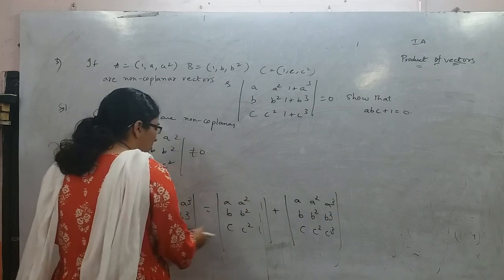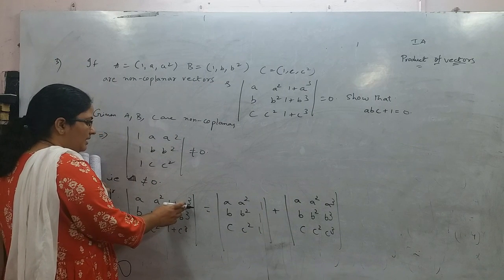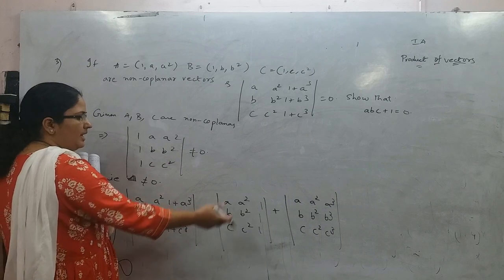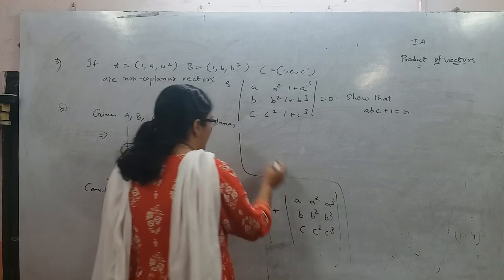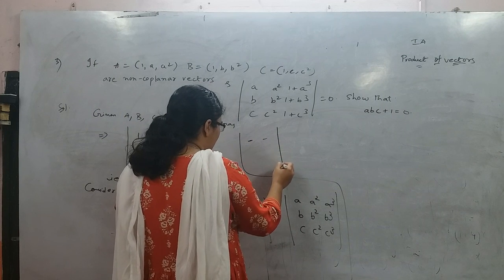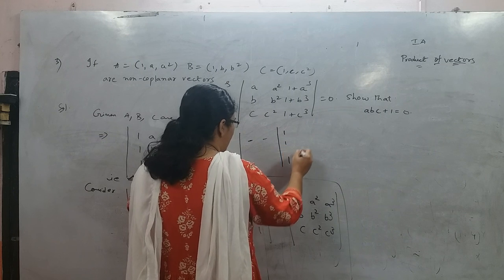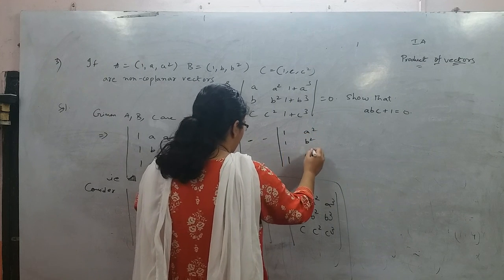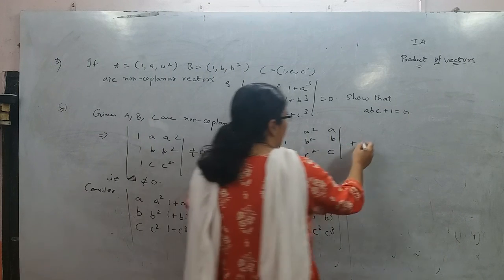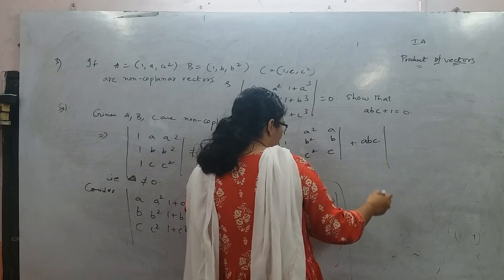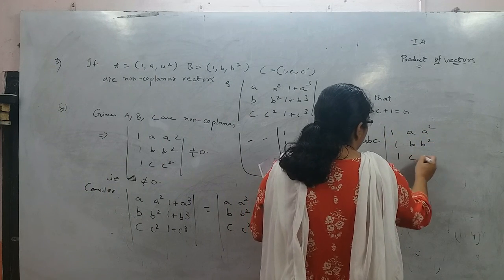You are splitting this into two determinants. You have a rule in determinants that whenever you have a sum in a column, you can split it like this. So take minus common from here. You have 1, 1, 1, a, b, c, a square, b square, c square plus, take abc common here, abc into the determinant with rows 1 a a square, 1 b b square, 1 c c square.